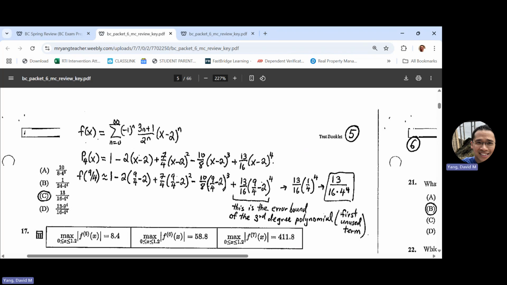Sixteen got split between two pages there. Build your degree 4 Taylor polynomial. Sorry, yeah, if we build a 4-degree Taylor polynomial, then you know that the fourth term is going to give you the error bound of that degree 3 Taylor polynomial.